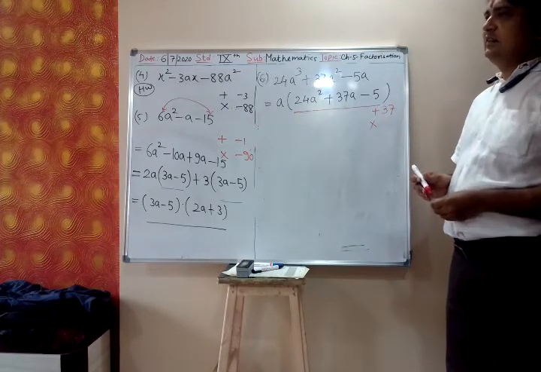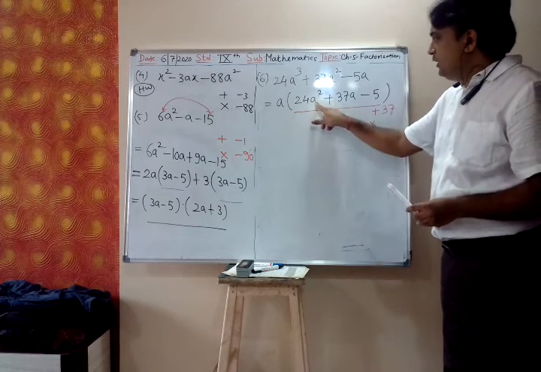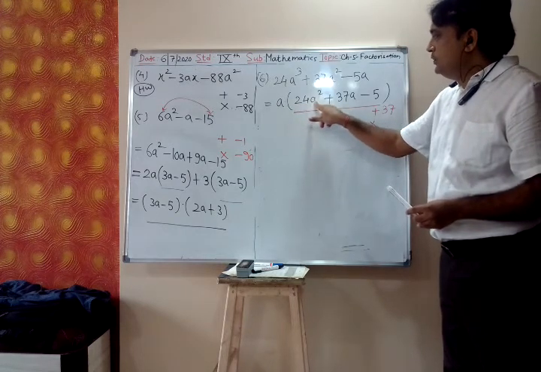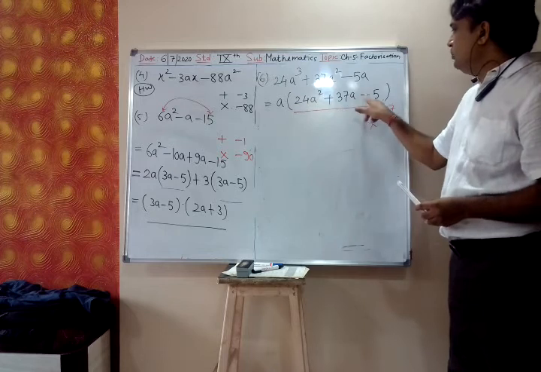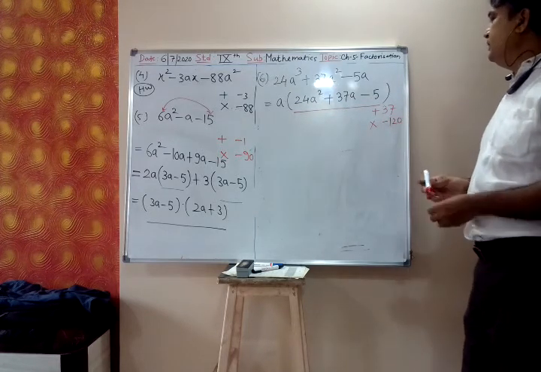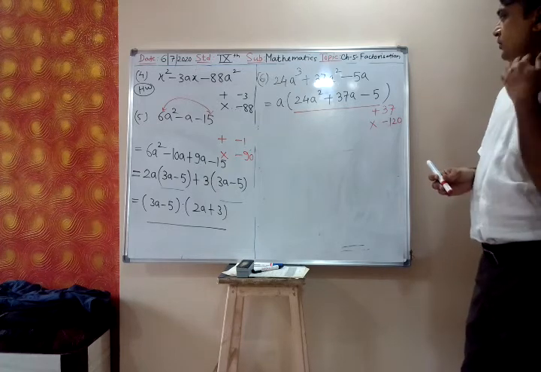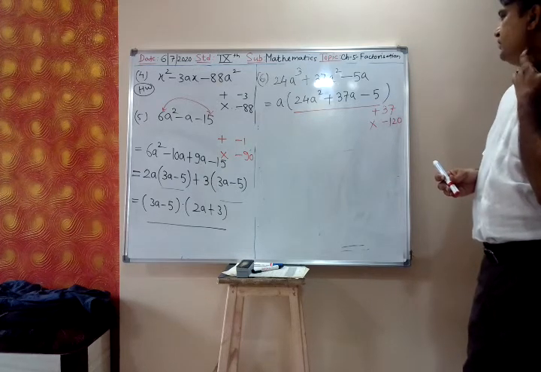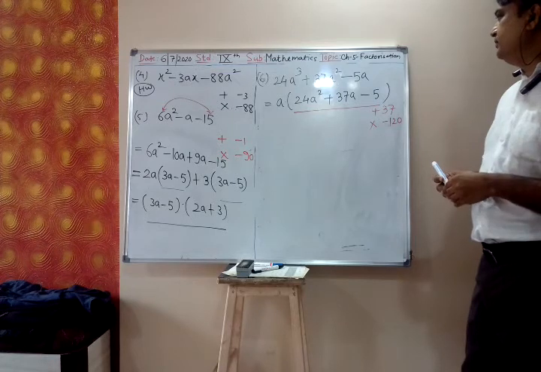Now the coefficient of a square is 24, so 24 into minus 5 is minus 120. Multiplication is minus 120.